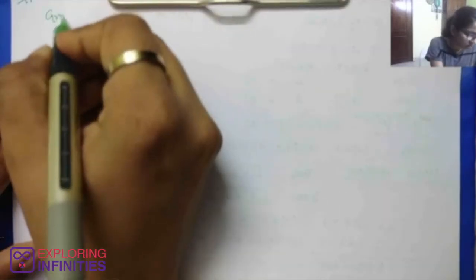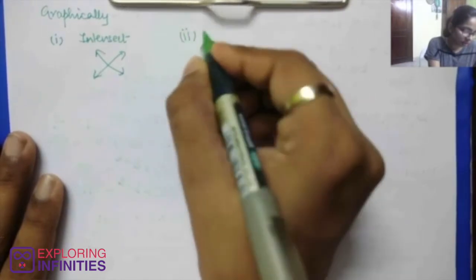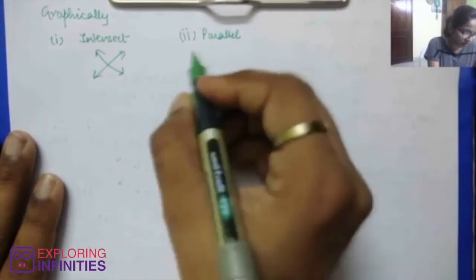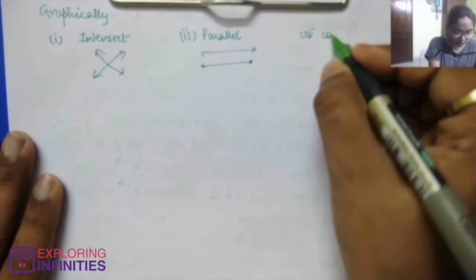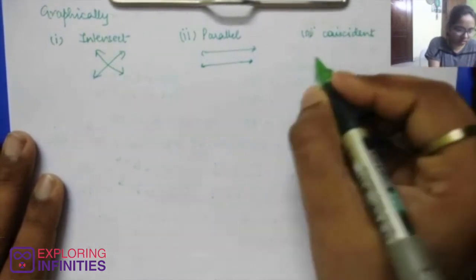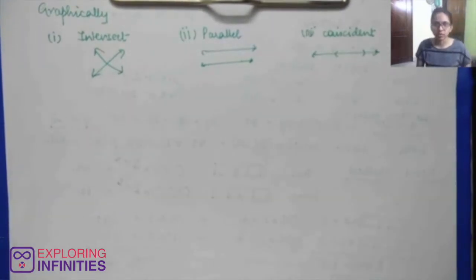So whenever you have two lines, they'll either intersect, such that in this case they're intersecting, or they'll be parallel to each other, like this, or they'll coincide with each other. This is the basic thing we know about two lines. Both are the same, that's the third possibility.